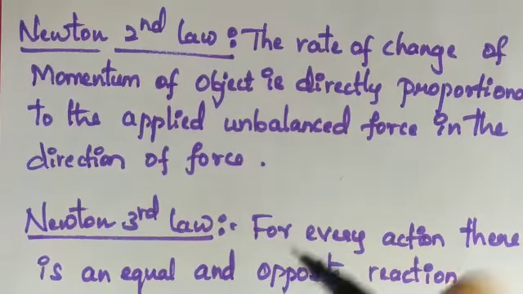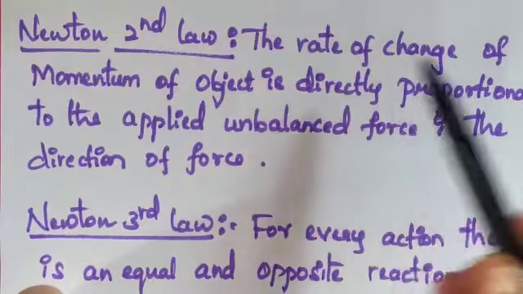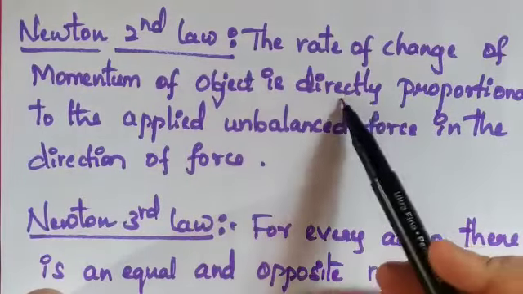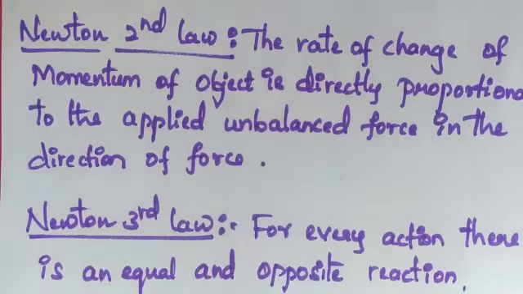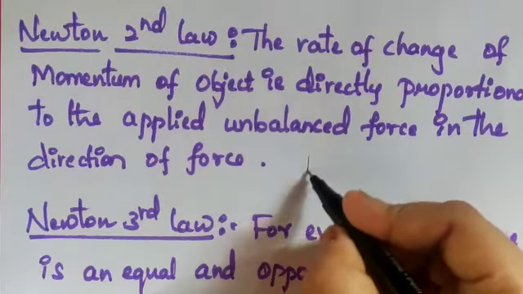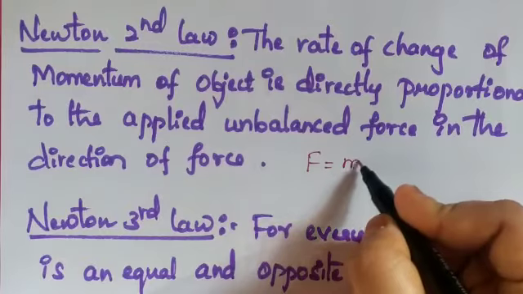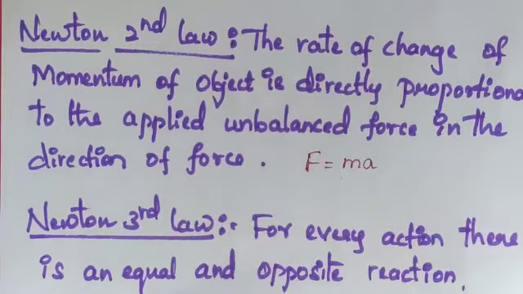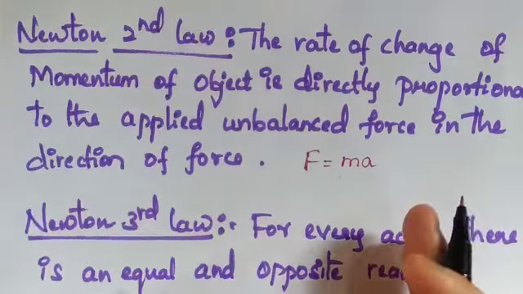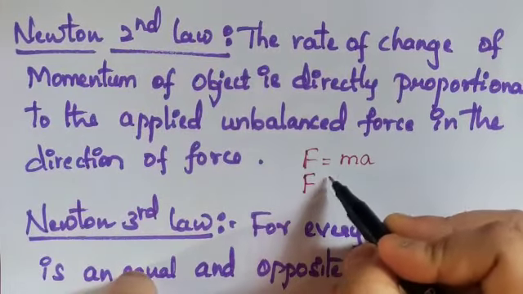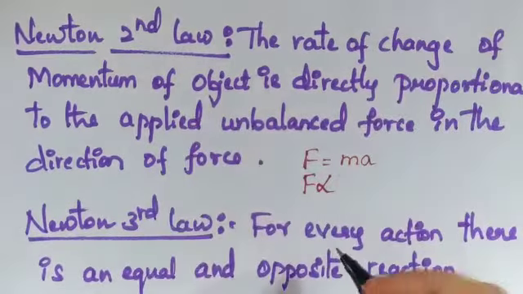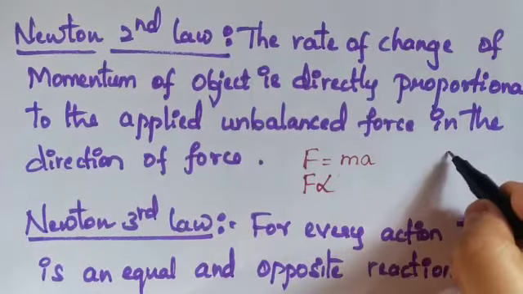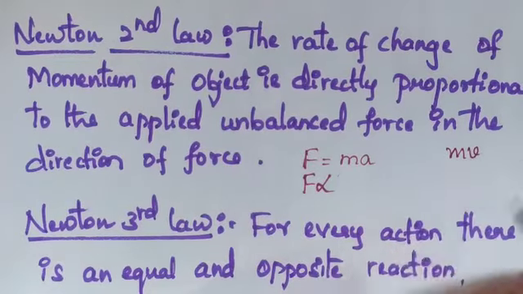Newton's second law says the rate of change of momentum of an object is directly proportional to the applied unbalanced force in the direction of the force. So the formula here is F equals ma. Why is it F equals ma, and what does this definition mean? The definition says force is directly proportional to the rate of change of momentum. Momentum, you know the formula for momentum: mv, isn't it?